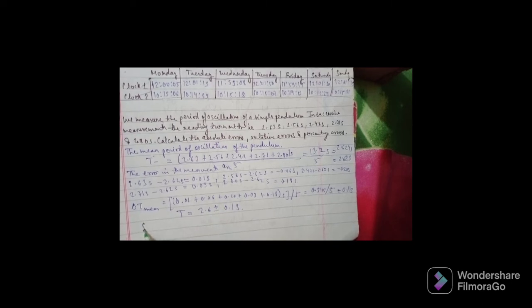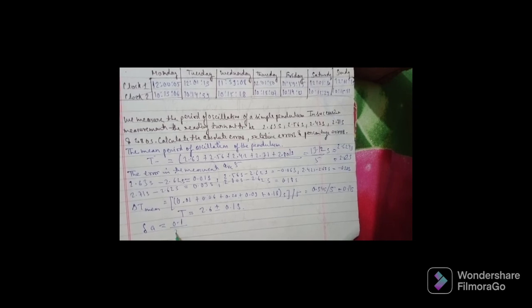You will learn more about significant figures in later sections. For this, the relative error or percentage error is 0.1 upon 2.6 into 100, which equals 4%.